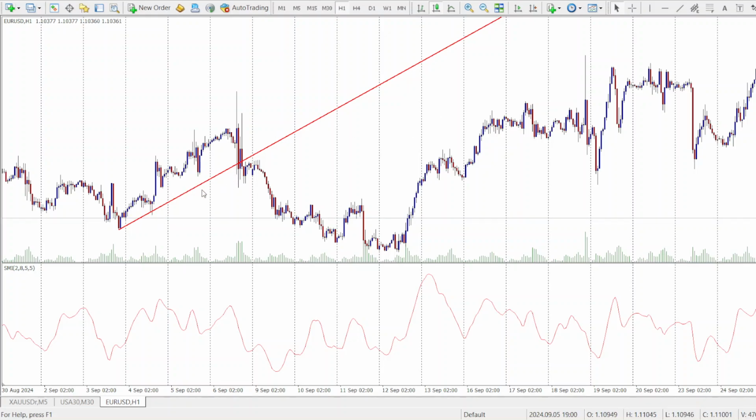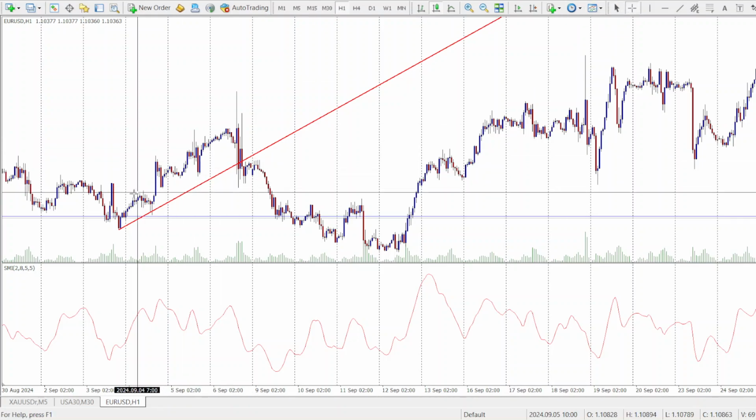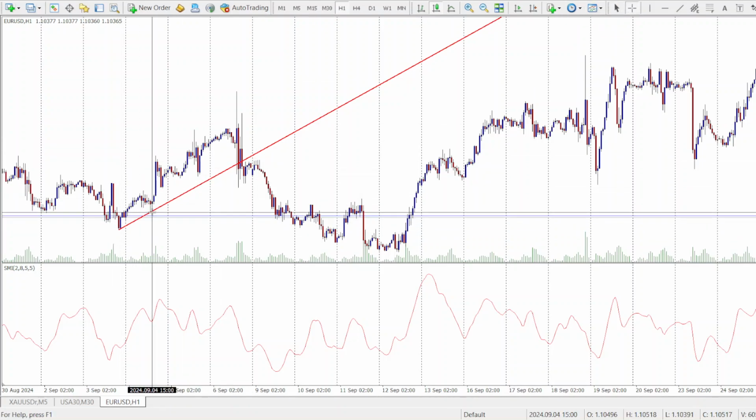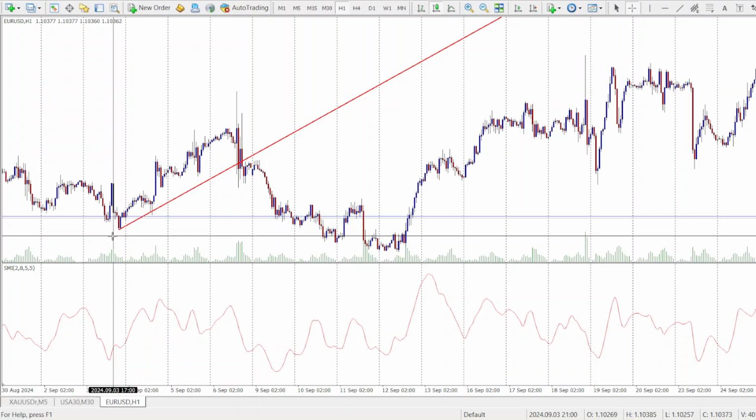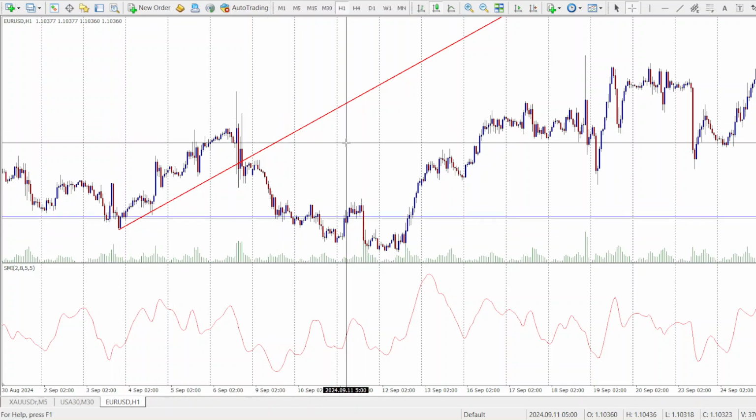And don't forget that when you want to draw a trend line, you need to identify 2 points where there was a rejection in price. For example, we can see that there was a rejection here and there was a rejection here, okay? So with those 2 points, we draw our trend line.